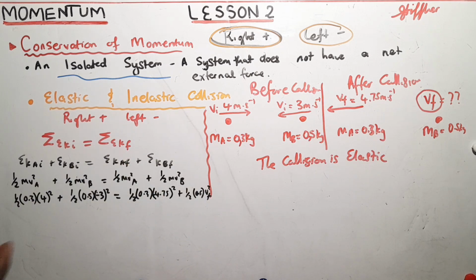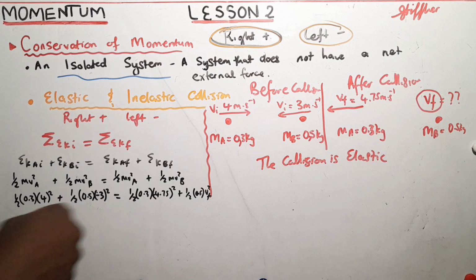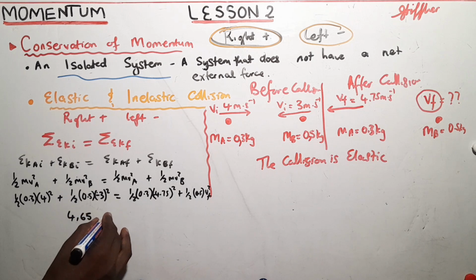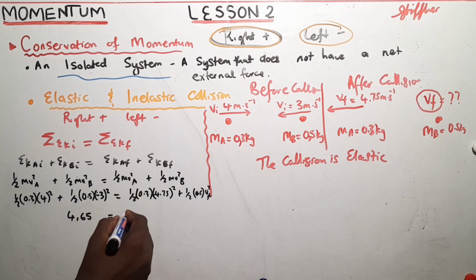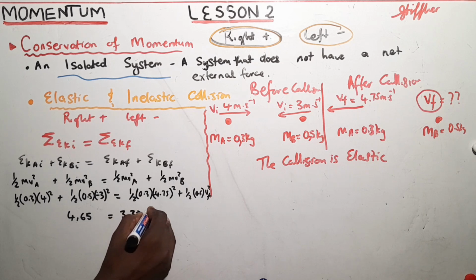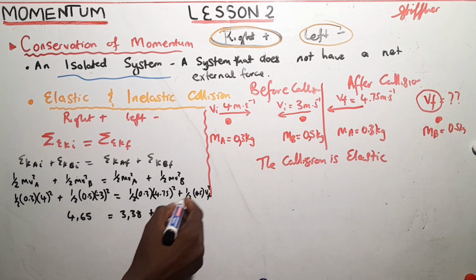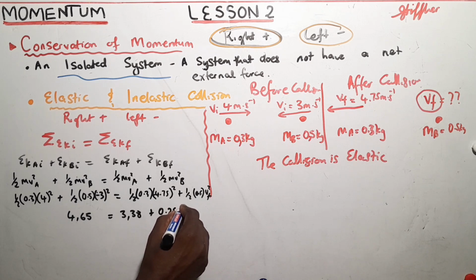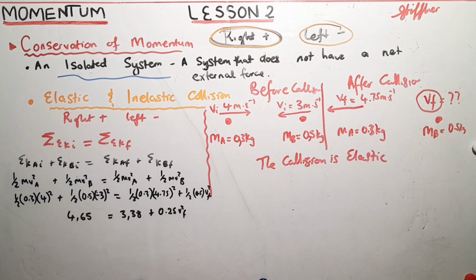So we can punch everything in the calculator from the left side there. We got 4.65, and plugging this we get 3.38, and half multiplied by 0.5 is 0.25 v squared final.